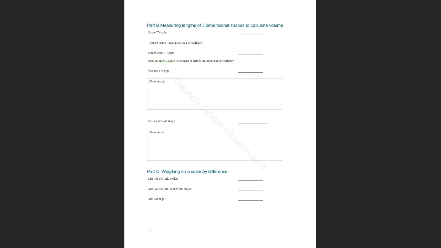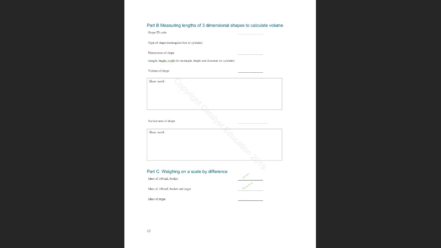Okay, and then part C, it says weighing on a scale by difference, and this is what we just saw. They will give you the mass of the beaker, and they will give you the mass of the beaker and the sugar. So all you have to do is subtract one from the other.